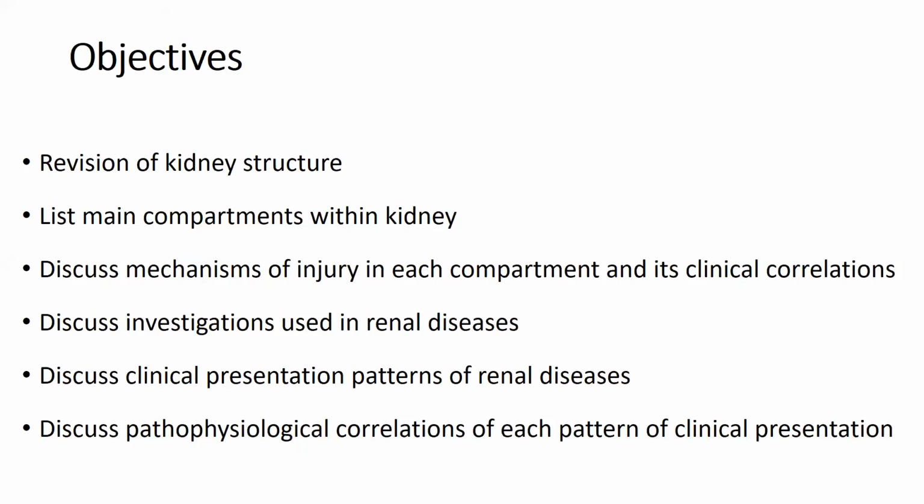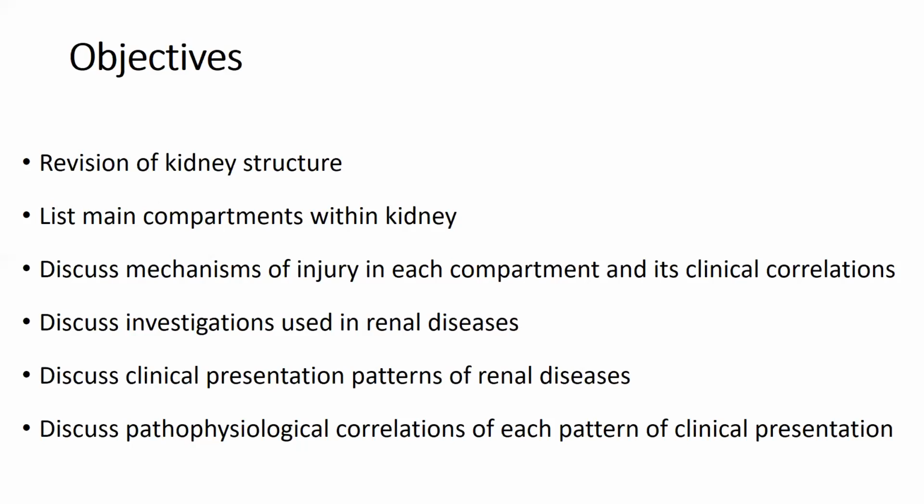We've discussed different mechanisms of injury to each compartment, where we said that it could be antibody mediated, it could be antigen immune complex mediated, or it could be non-immune mediated. And then I tried to discuss how these compartments can get affected and how these would clinically manifest.